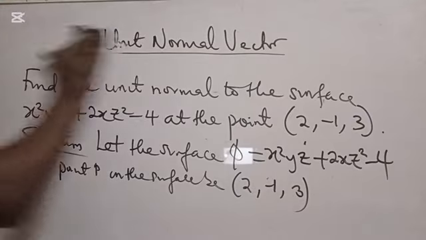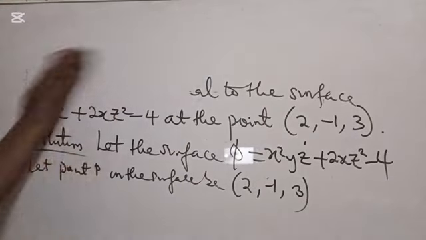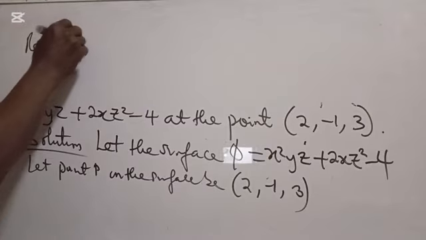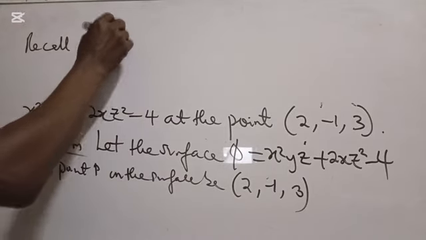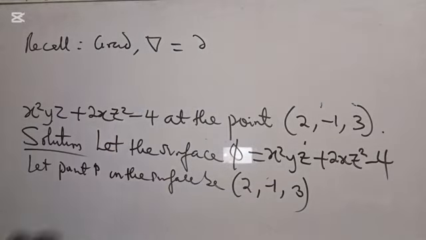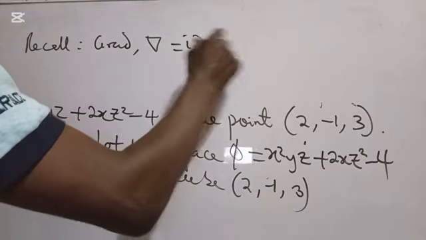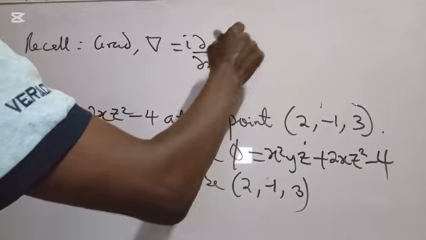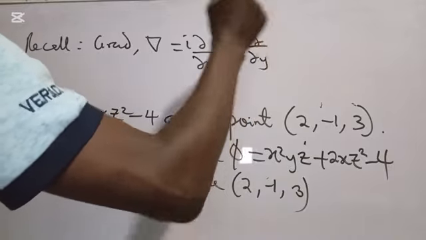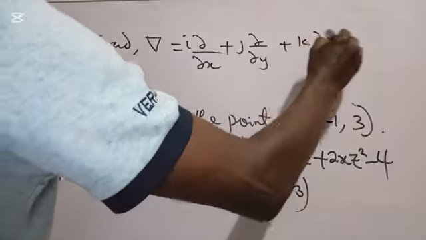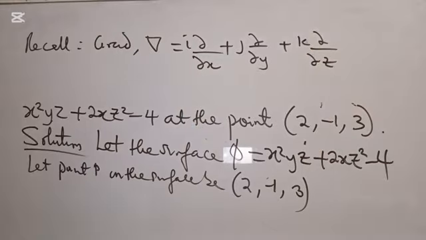Let's clean this. How do we do that? Now, recall our grad is i del over del x plus j del over del y plus k del over del z.